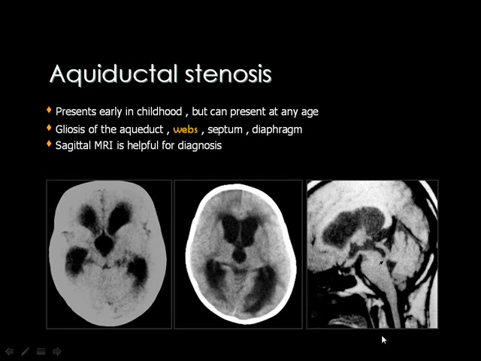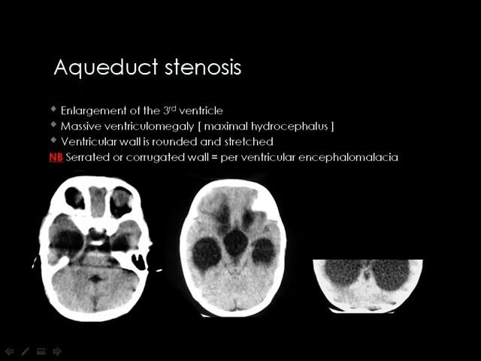Some of the books say that in the sagittal image you can see the region of the aqueduct, and you can see the congenital stenosis or congenital web in the aqueduct, which is responsible for the supratentorial hydrocephalic changes. But actually, in the CT and most of the MRIs, you can only see ballooning of the third ventricle, dilatation of both lateral ventricles, and the normal sized fourth ventricle. Then you can diagnose the possibility of aqueductal stenosis.